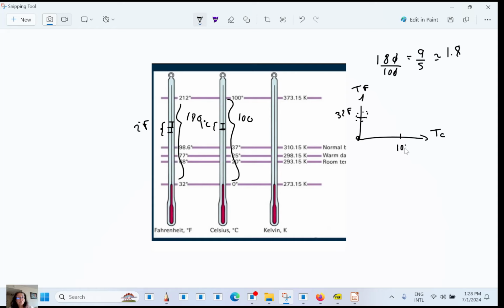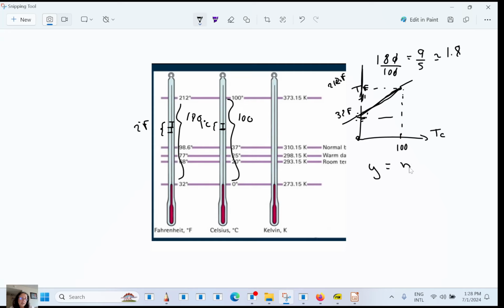Here you have 100 degrees Celsius, which is 212 Fahrenheit. It's not on scale, but here it's going to be 212. So it's easy to derive the linear relationship.